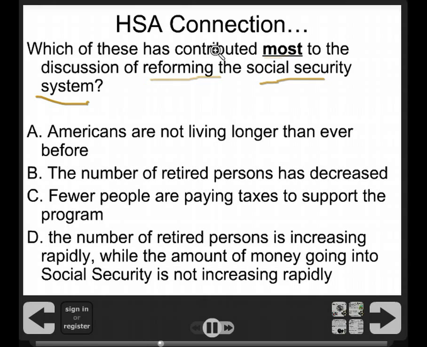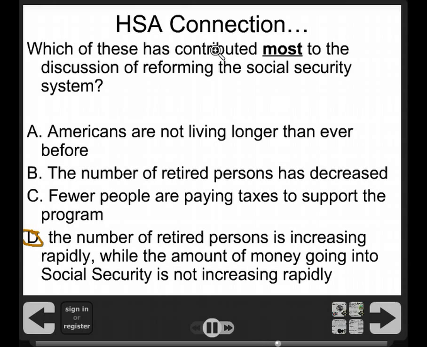Social Security is an entitlement program that provides a monthly paycheck or stipend to people in their late 60s and above. The problem right now is that the number of retired people is increasing rapidly, while the amount of money going into Social Security is not increasing rapidly.